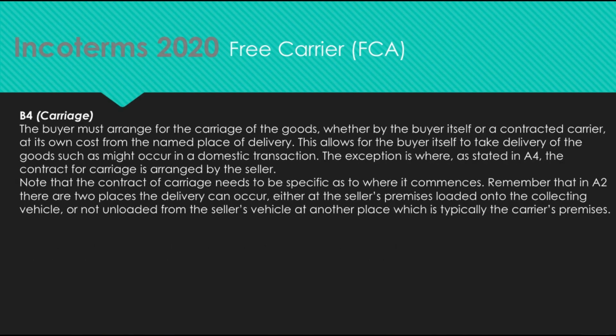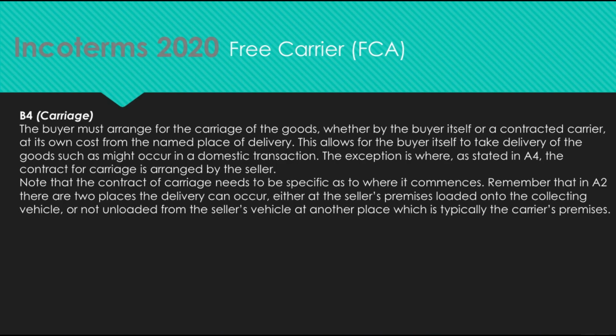Before carriage, the buyer must arrange for the carriage of the goods, whether by the buyer itself or a contractor carrier at its own cost from the named place of delivery. This allows for the buyer itself to take delivery of the goods, such as might occur in a domestic transaction. The exception is where, as stated in A4, the contract for carriage is arranged by the seller.